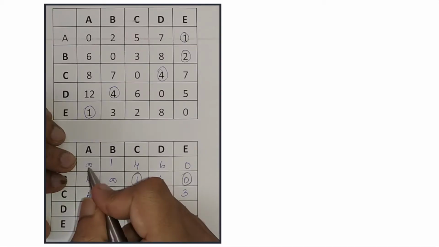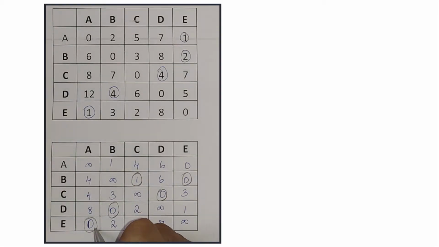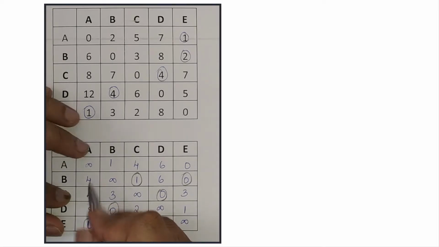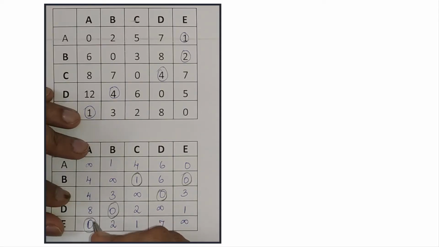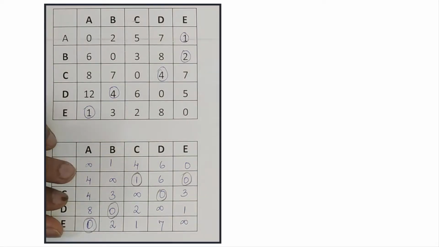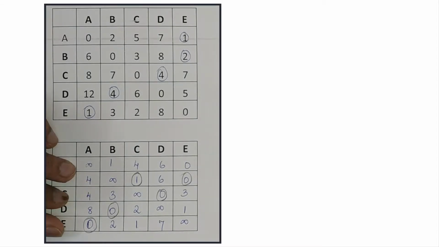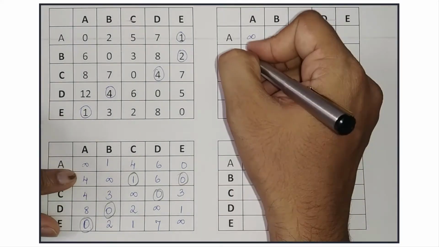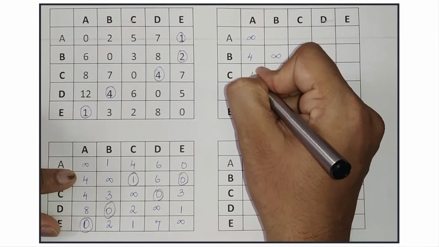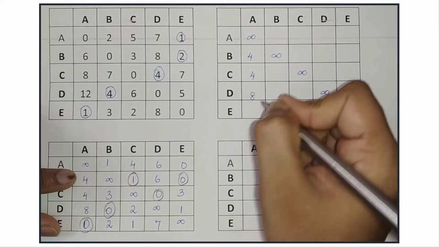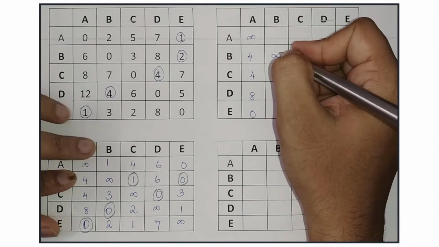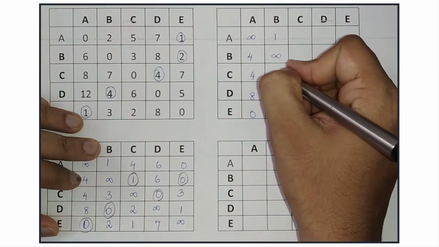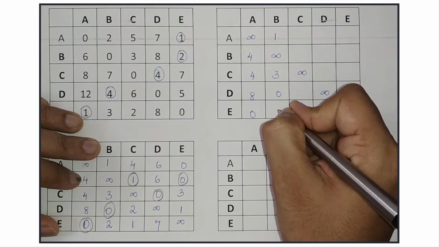Now what is column reduction? Look at this particular column and subtract that particular number. Now these are zeros, so there will be no change. So we'll just write the same thing. Infinity is put initially. Then we write 4, 4, 8, 0, 1, 3, 0, 2.